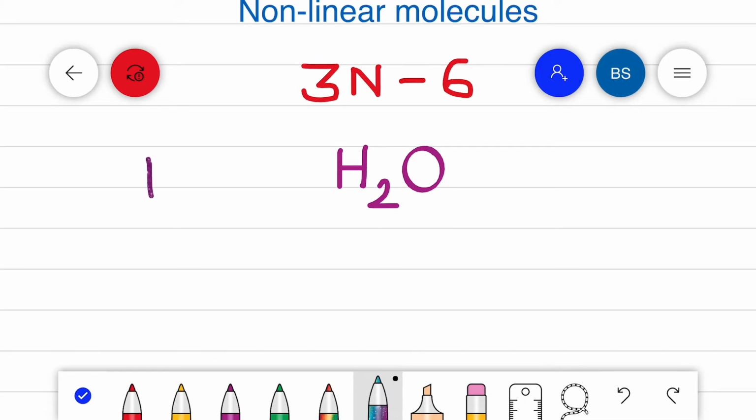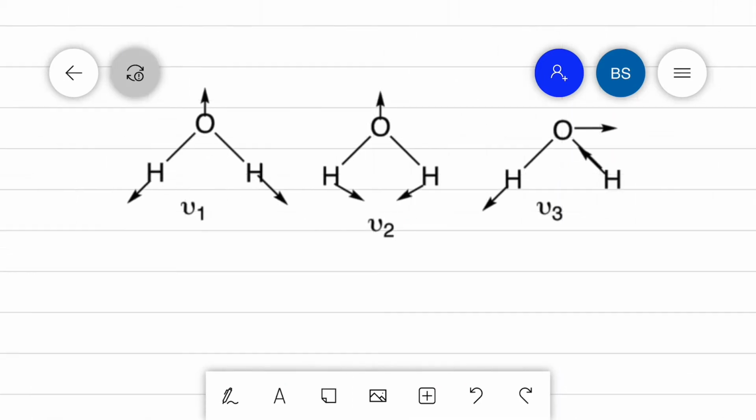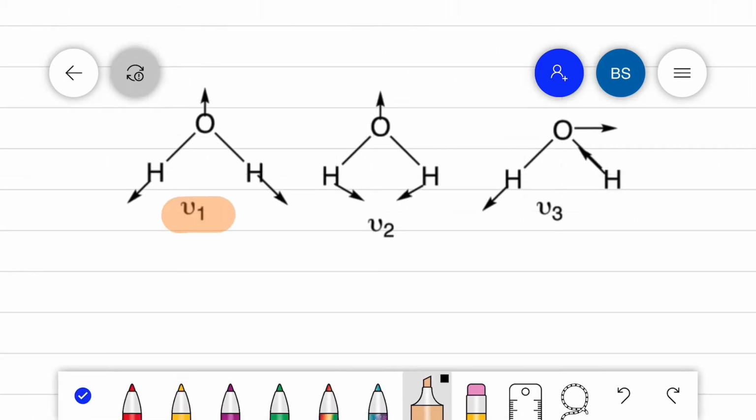Let's start with the nonlinear triatomic molecule H2O, which has a permanent dipole moment. Since it has 3 atoms, the total number of normal modes of vibration is given by 3 into 3 minus 6. That is 3 normal modes of vibration. They are namely nu1, nu2 and nu3.